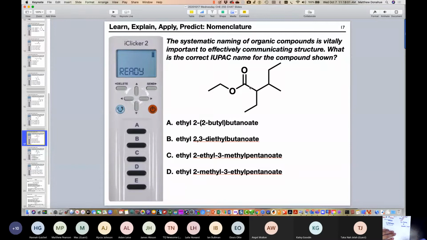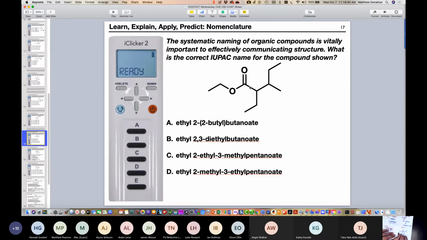So let me show you on the document camera two things that are pertinent to answering this question. So here's the structure. This is an ester. An ester has 2 components. So I'm gonna draw sort of a dashed line here.